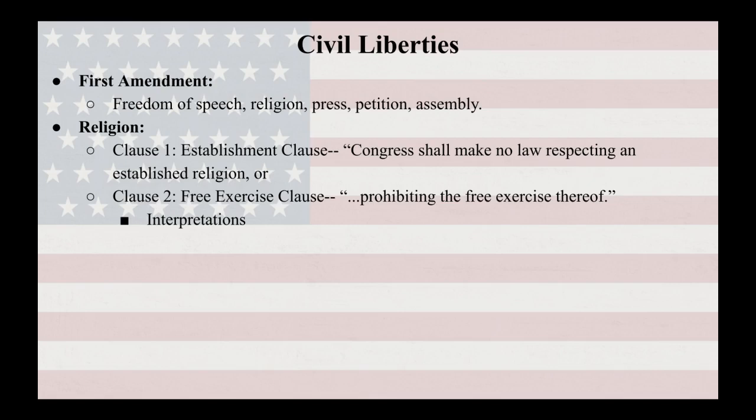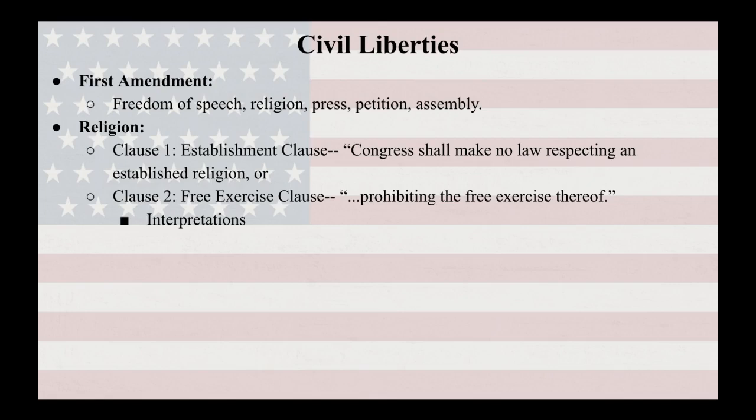In Texas, they said that the display of the Ten Commandments at the state capitol building was not a violation of the First Amendment. But then they go in another case in the same year and say in McCreary versus the ACLU of Kentucky, in a 5-4 decision, that the Kentucky display of the Ten Commandments was in violation of the Constitution.